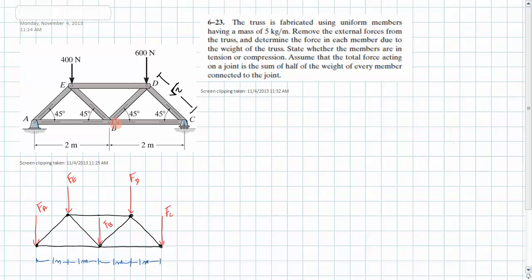First, we need to find the weight of each member. So this member here, let's say for BC, for instance, the mass is 5 kilograms per meter times 2. So the mass is 10 kilograms.